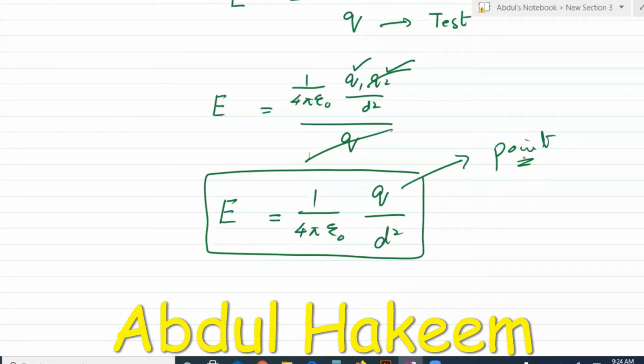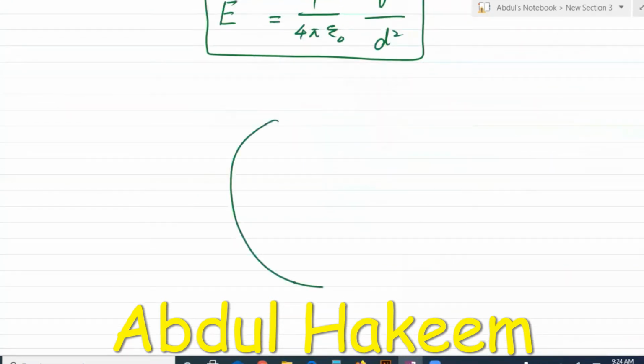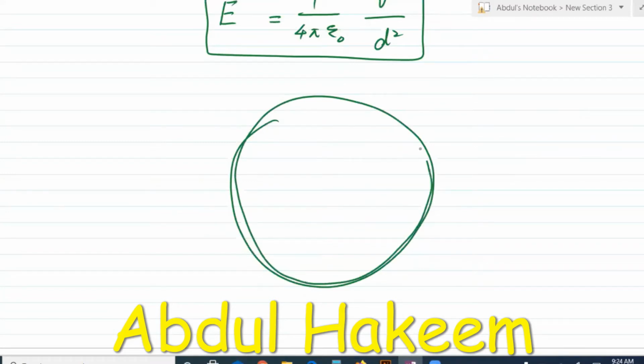Now, electric field strength is a vector, force is a vector, both are acting in the same direction. Both are parallel to each other. Now, suppose we have a metal sphere, any sphere, and it is charged. If it is solid inside, then all charges will appear just under the surface, beneath the layer.